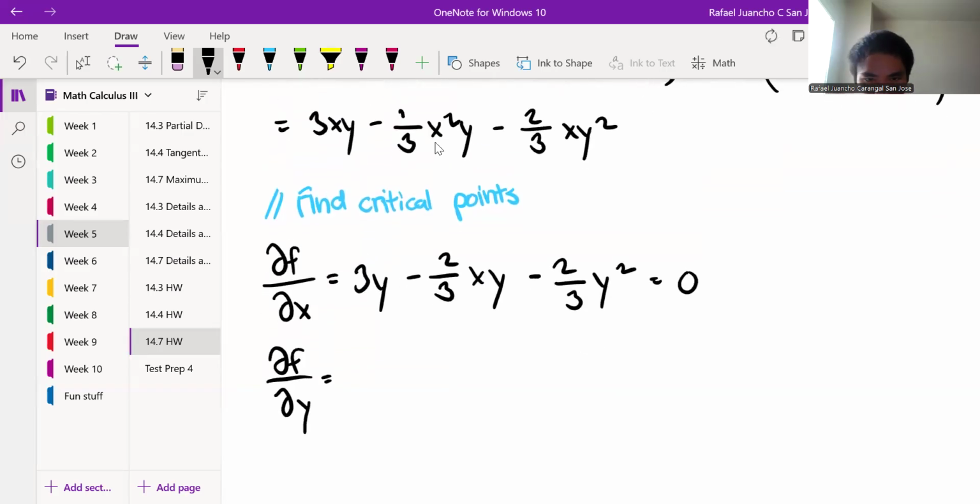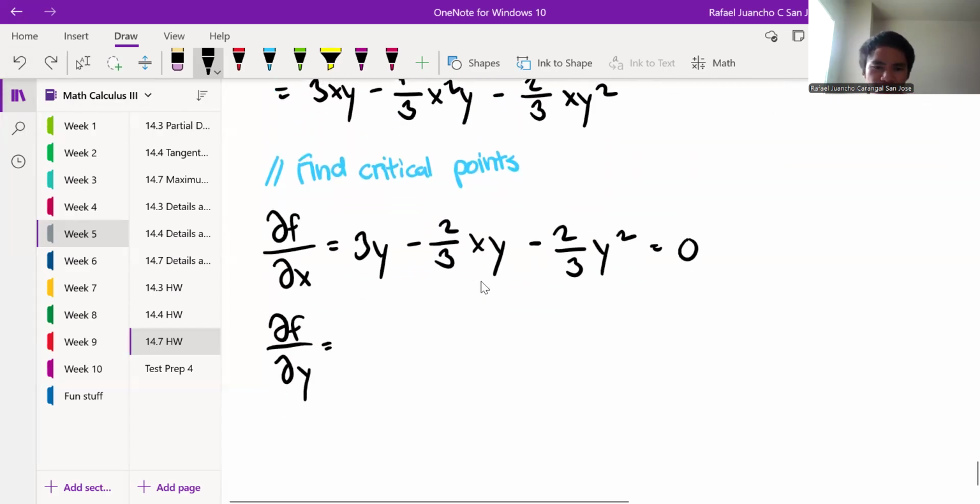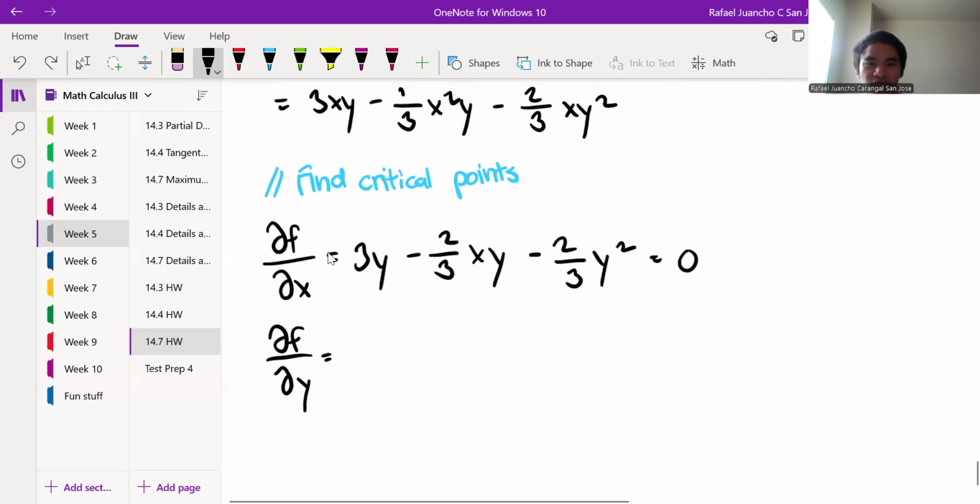Let me just double check to see if I got this working. 2x, y is a constant. I leave it. Minus 2 over 3, I leave it. I take the derivative of x, that's 1, and 1 times all of this is just the same thing. Y squared is just a number. I leave it. Okay. Then I do this again, but this time I treat y as the variable and x as the constant.